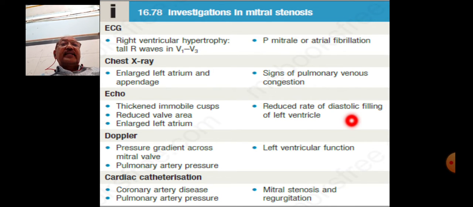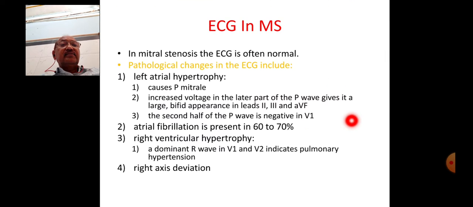Echo, of course: thickened mobile cusps, reduced mitral valve area, enlarged LA, and the gradient across the mitral valve all will diagnose mitral stenosis. Doppler shows pressure gradient across the mitral valve, increased pulmonary artery pressure, and normal LV function. Cardiac cath is usually done to exclude coronary artery disease and to detect mixed lesions.